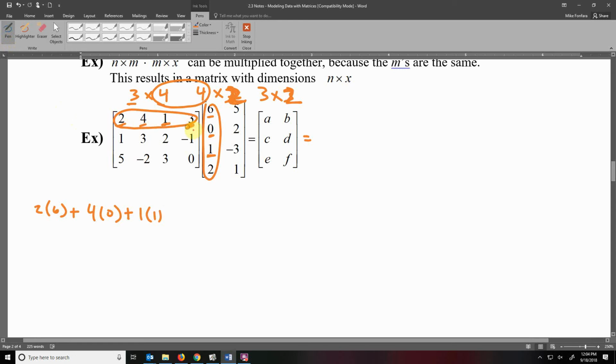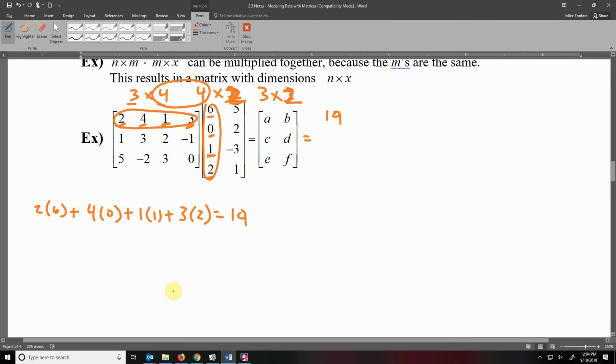And then over and down one more time, 3 times 2. And I'm going to add that all up. So I've got 12 plus 4... I'm sorry, I've got a 0 here. So this is 12 plus 0, which is 12, plus 1, which is 13, plus 6, which is 19. So that element A is 19.